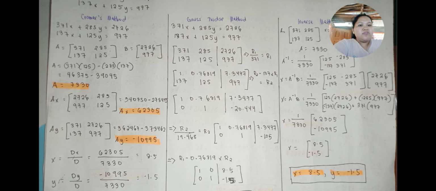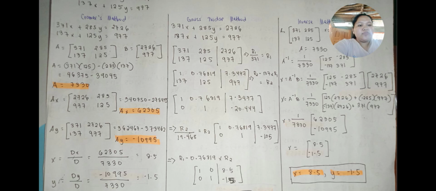So you can see 1, 0.76819, 7.35. Another formula in order to make row 2, column 2 into 1, we have here row 2 minus 137 times row 1. So it results already to 1. And copy the row 1.